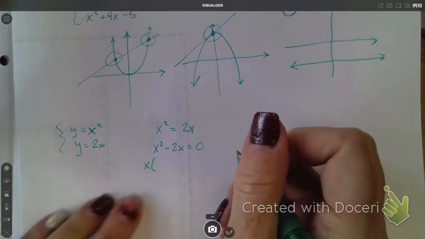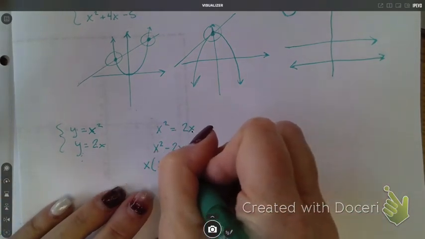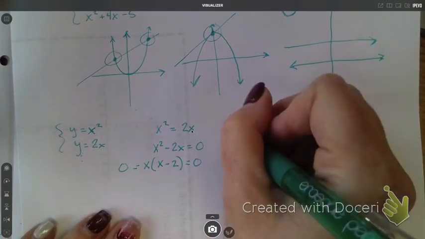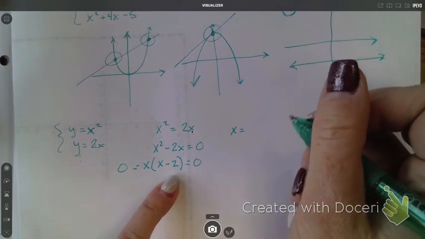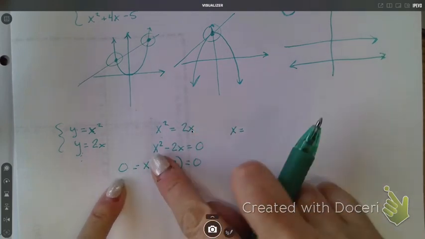I'm left with x times x minus 2 equals 0. So x equals 0 and 2, because I would add a 2.